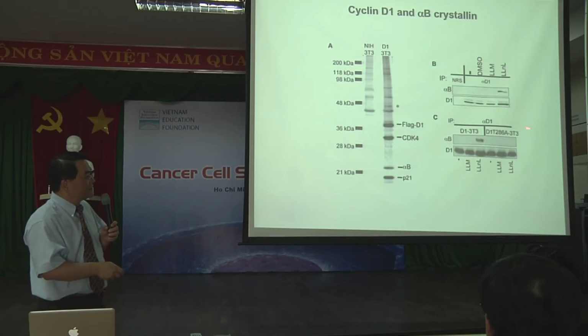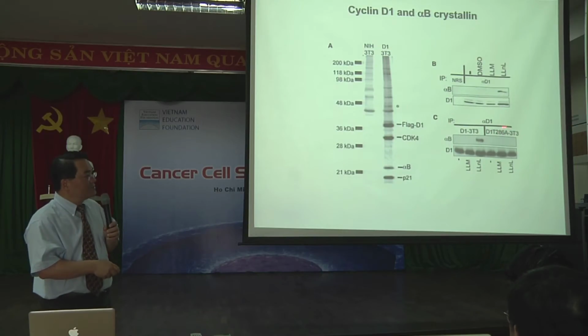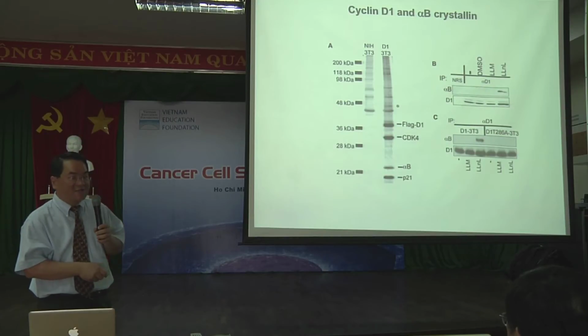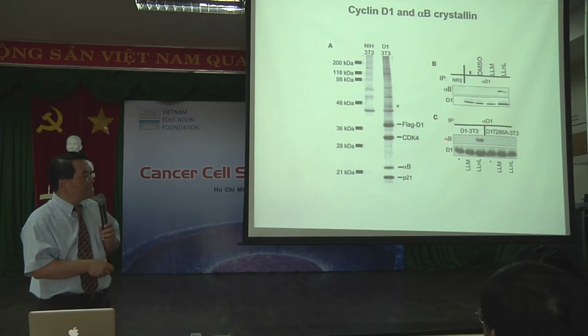But this does not happen with the cyclin D1 mutation. Again, you immunoprecipitate this particular construct and then do the Western blot for alpha B crystallin.